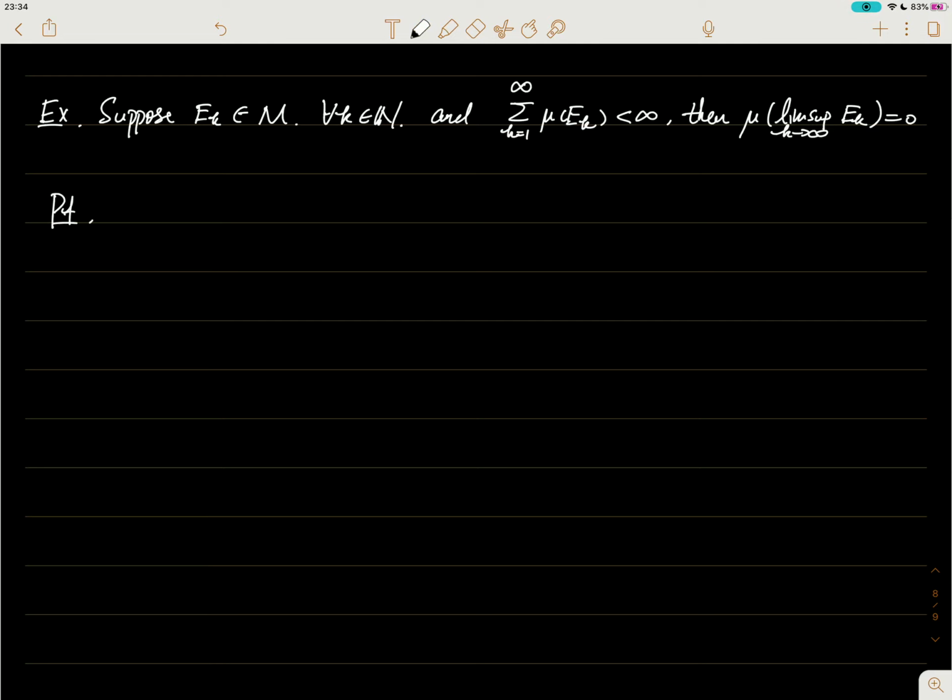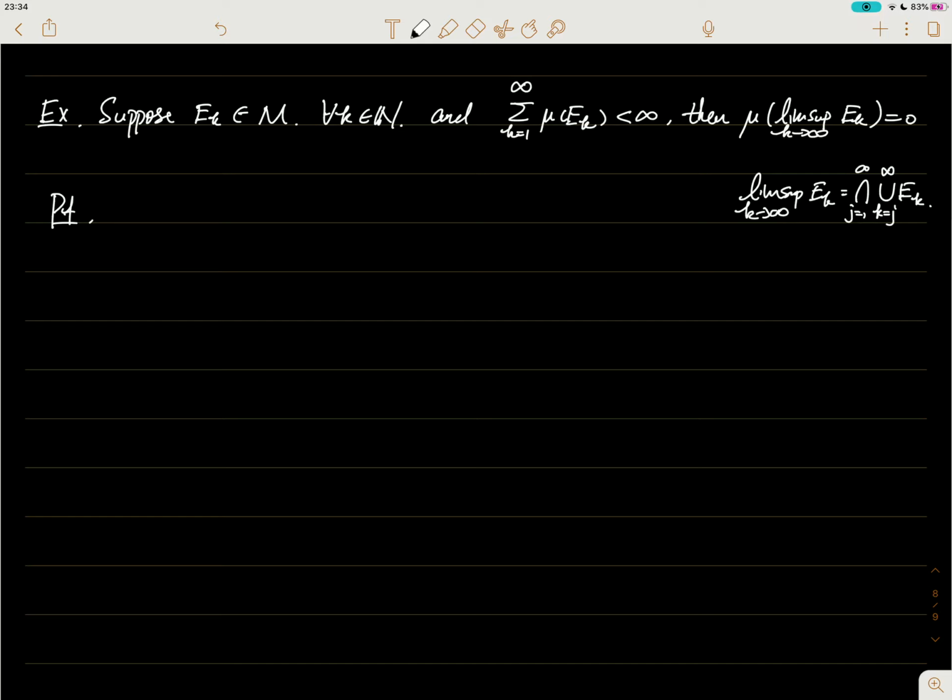let's first recall what is the upper limit. The upper limit of E_k is just the intersection for j from 1 to infinity, and then the union for k equal to j to infinity of this E_k, right?